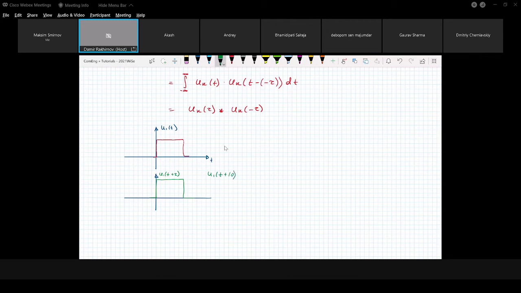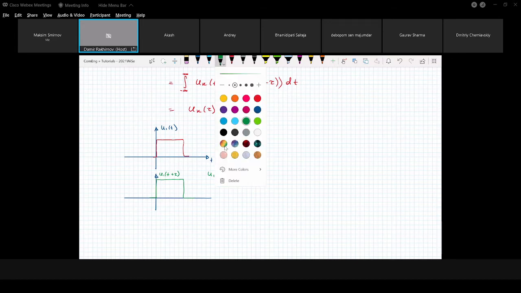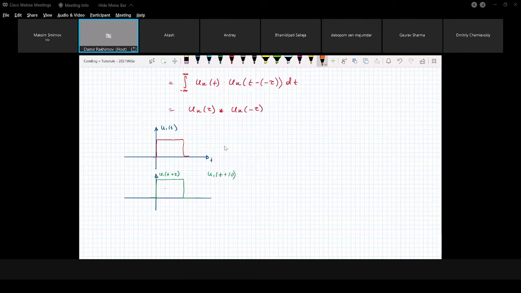And where do you shift if you have plus something? To the left. For me this is right, but you're right, we shift to the left if tau is greater than 0.